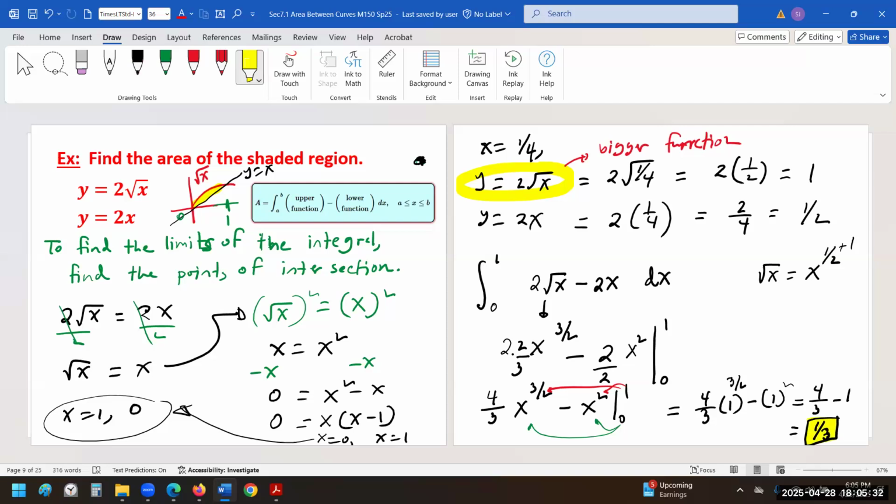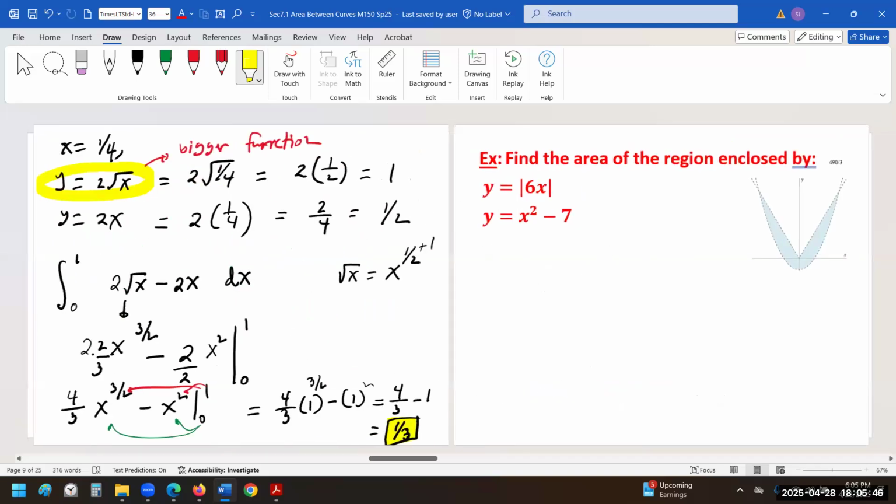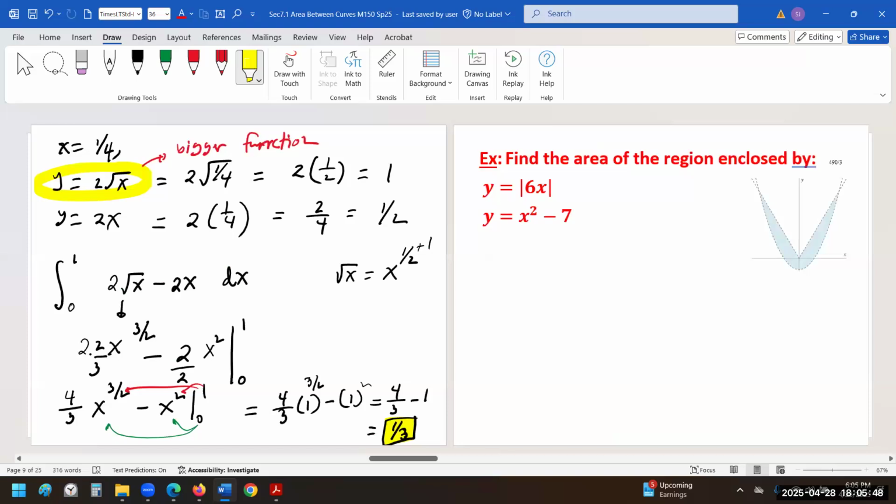So when you have normal functions, our life is easy. It's not very hard, right? Whether we have it in terms of y or in terms of x, we just subtract them and take the antiderivative. But how about when we have something that is not so normal? We have the absolute value of 6x, and we have a parabola x squared minus 7.